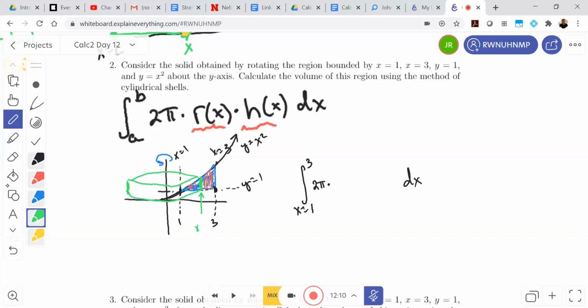So let's go back to our green picture and try to figure each of those out. First up is the radius at a given x value, like the one that we've identified here. The radius of this cylinder is going to be the length from the axis of rotation out to this x value right here. In other words, the radius of this cylinder is going to be this length, which is equivalent to this length.